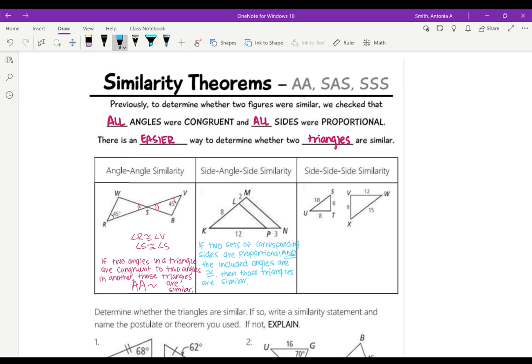And we call this side angle side similarity, or SAS similarity.